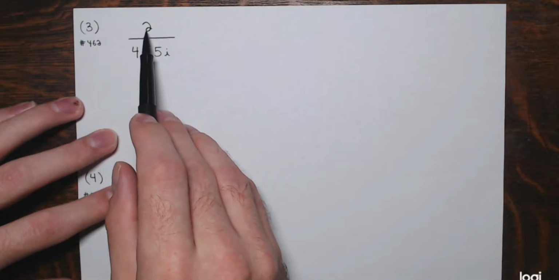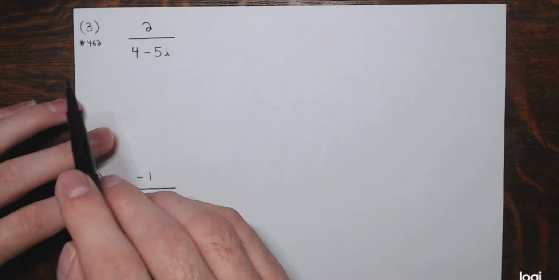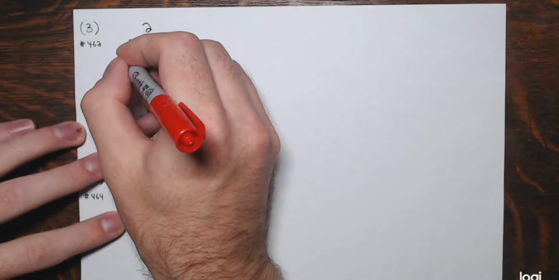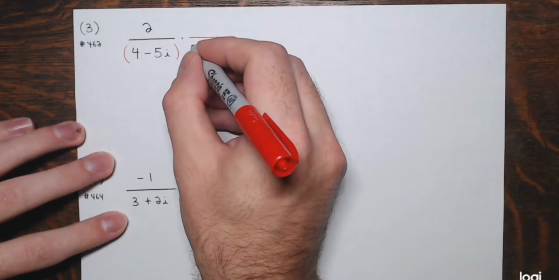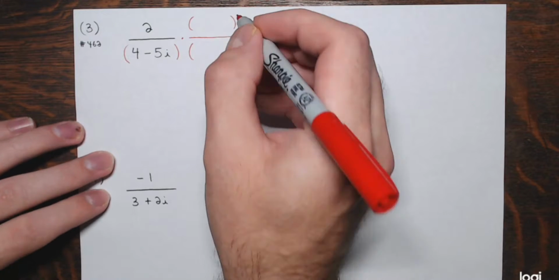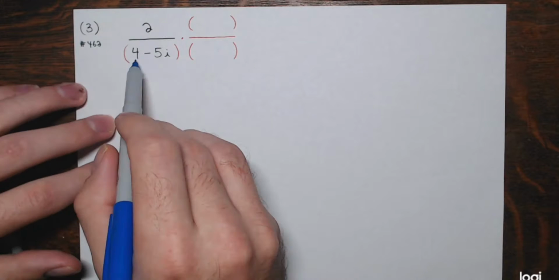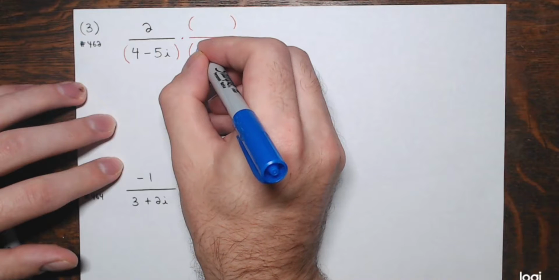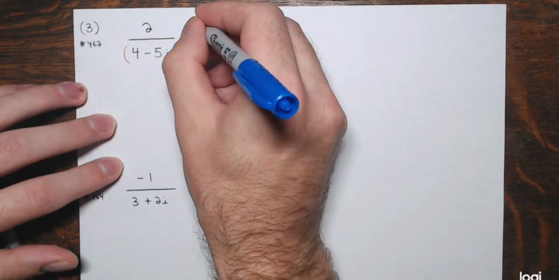We have 2 divided by 4 minus 5i. And once again, I am going to multiply the numerator and denominator by the conjugate of the denominator, which would be 4 plus 5i. Right, 4 plus 5i. And the same in the numerator.